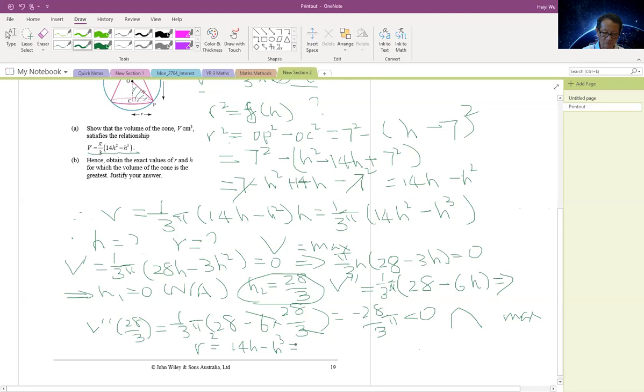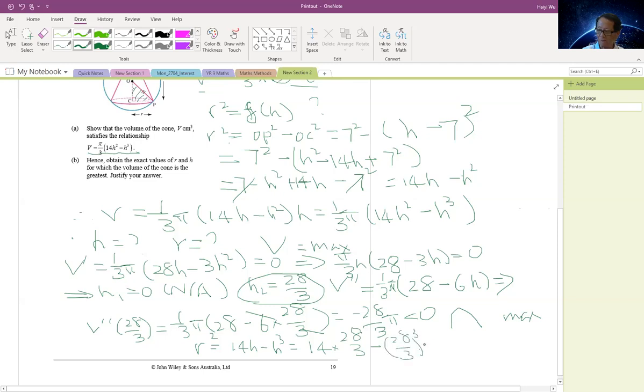What is h? h is 28 divided by 3, minus h to the power 3, which is 28 divided by 3 to the power 3.